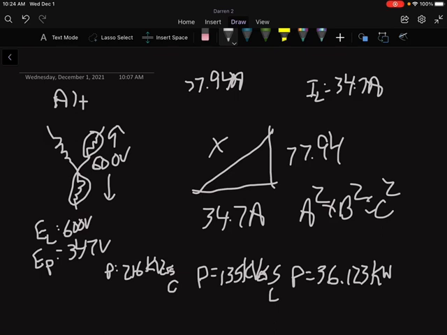I accidentally had erased the whole thing there. We get a hypotenuse of 85.32 amps. So it ended up being the square root of a squared plus b squared that gives us the answer.